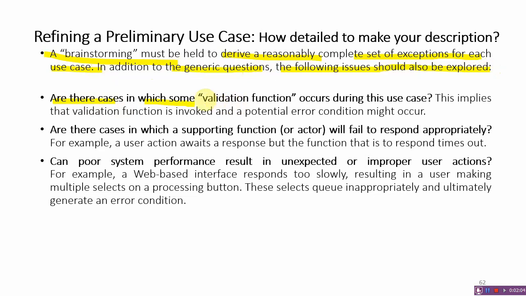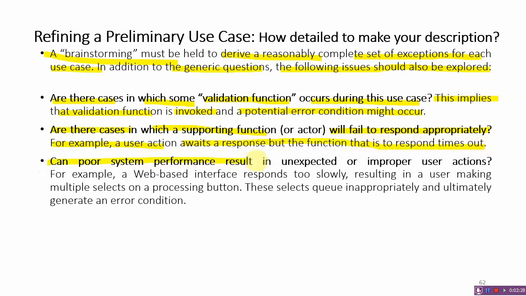In addition to the generic questions, the following issues should also be explored. Are there cases in which some validation function occurs during this use case? This implies that the validation function is invoked and a potential error condition might occur. Are there cases in which a supporting function or actor will fail to respond appropriately? For example, a user action awaits a response but the function that is to respond times out.